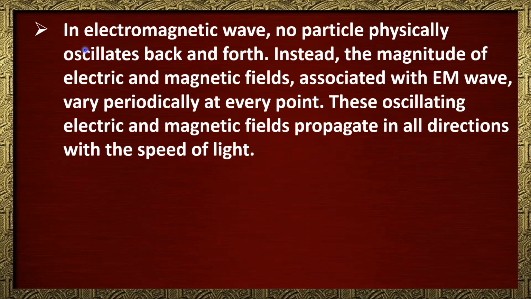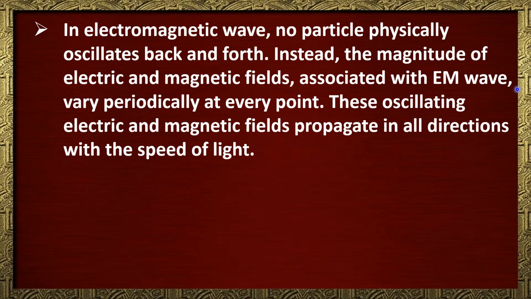So in an electromagnetic wave, there are two fields. One is the electric field, the other one is the magnetic field. These two fields vibrate perpendicular to the direction of the propagation of the wave.